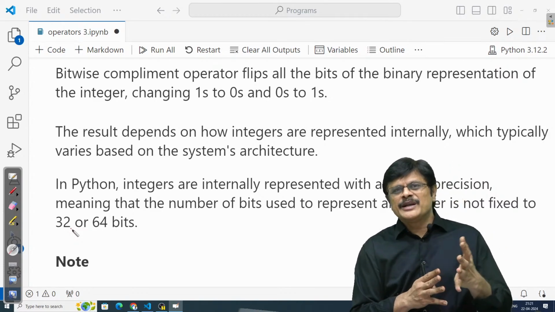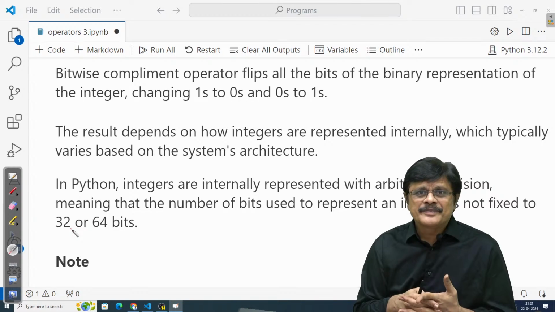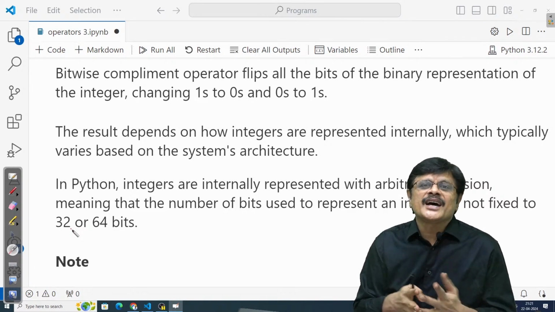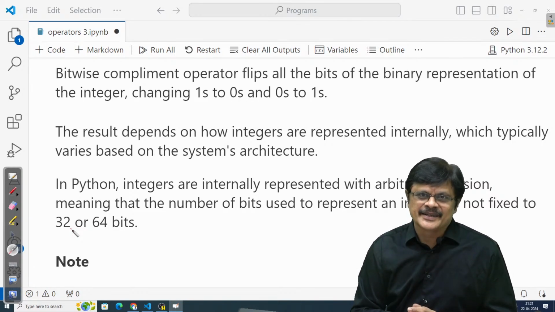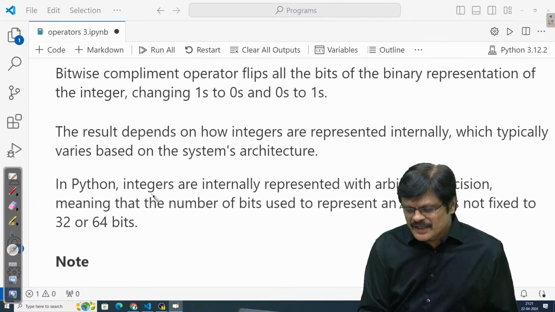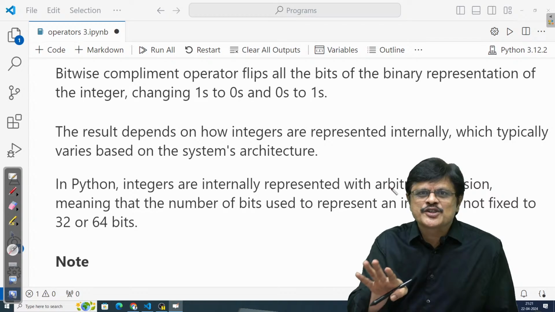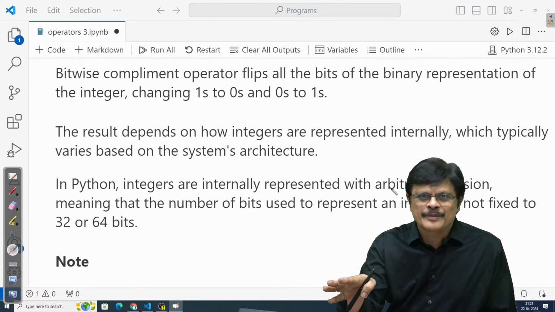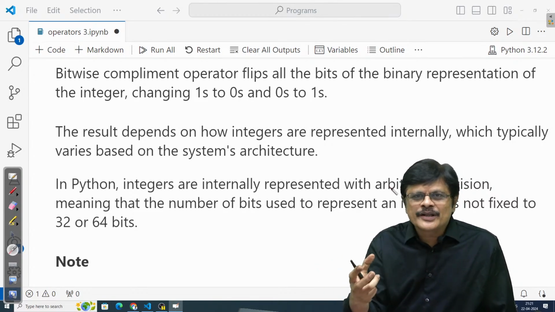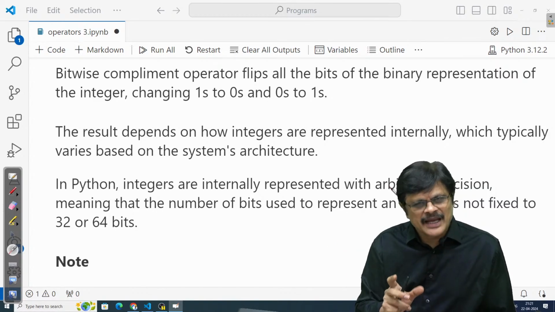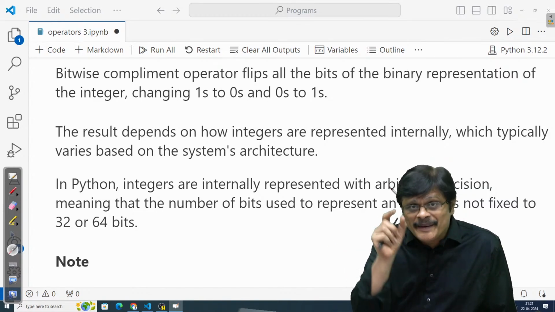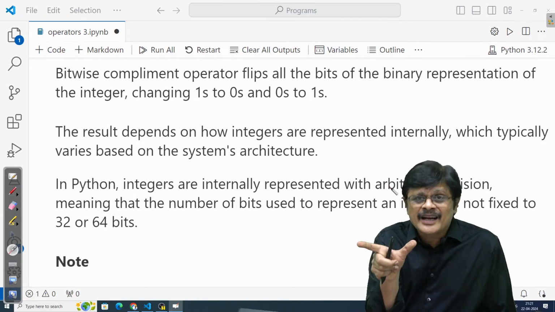Actually this bitwise complement depends on how many bits are used to represent a particular integer. But in Python, it is not fixed to 32 bits or 64 bits, my dear friends. So depending on the number, the precision will change. Am I clear?